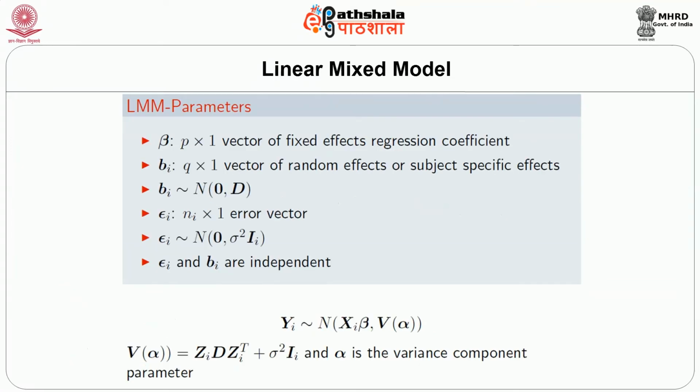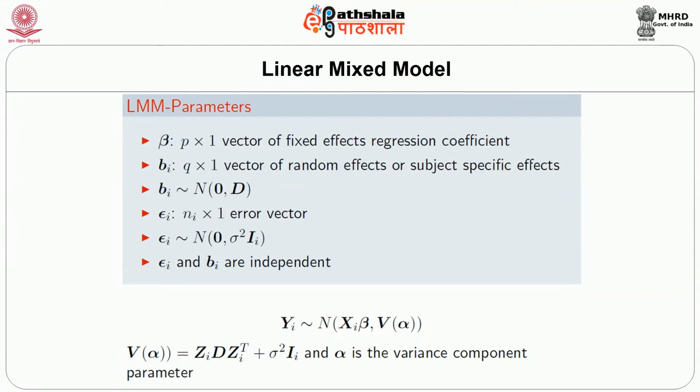So what are the parameters here? We have basically two kinds of parameters: one is the fixed effect parameters and one is the random effects parameter. Here beta represents the fixed effect parameters, which is a p cross 1 vector of fixed effects regression coefficients. For example, in the random intercept random slope model, beta naught and beta 1 were the fixed effect regression coefficients.